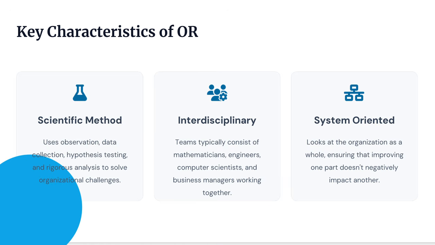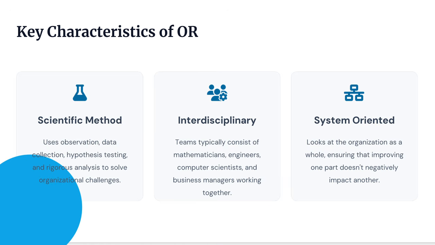That means experts from different fields work together, like mathematicians, engineers, computer scientists, and business managers. And thirdly, it is system oriented. Let me ask you, what happens if you fix one part of a system but damage another? That's what operations research tries to avoid. It looks at the bigger picture.